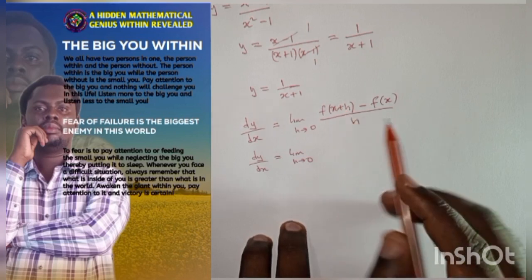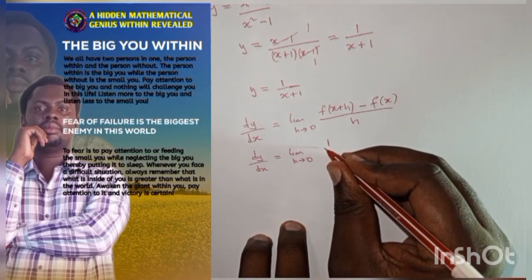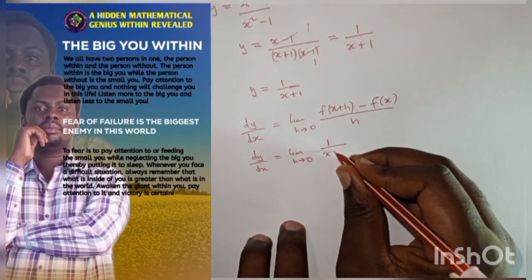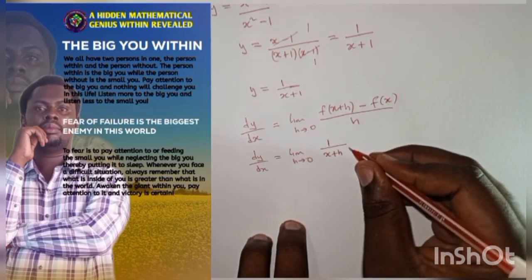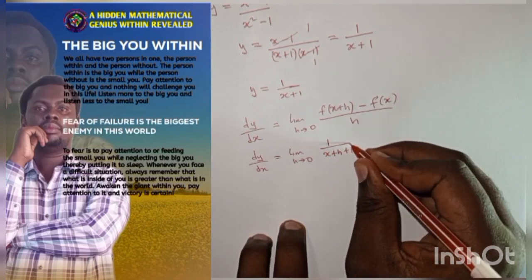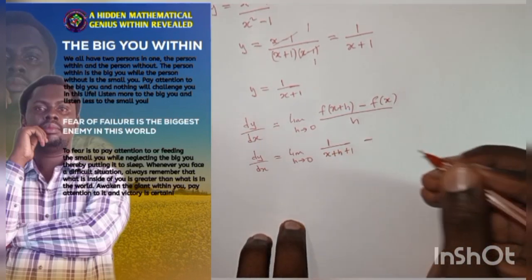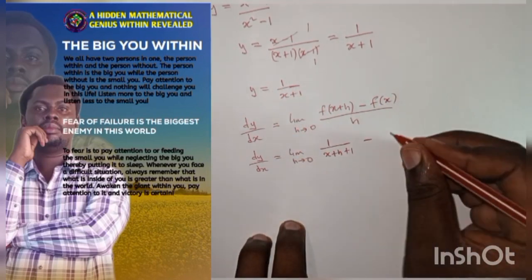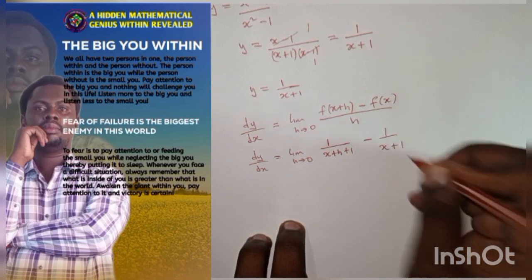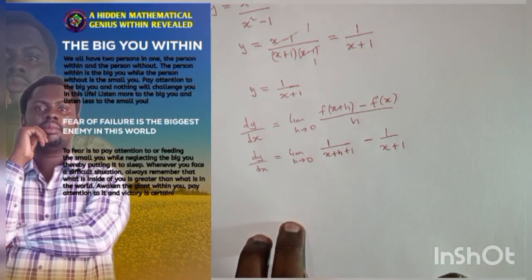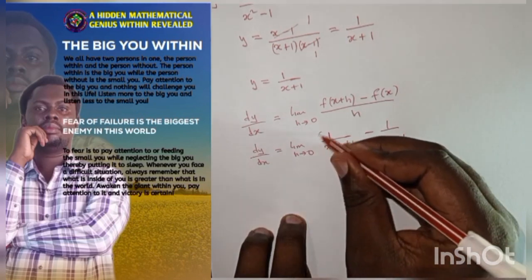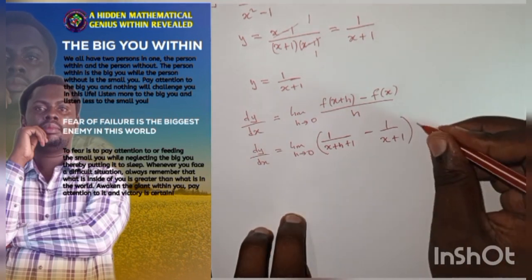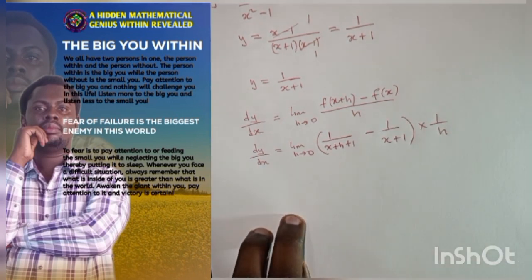So we have 1 over (x plus h plus 1), and this should be minus f of x. f of x is the initial problem, which is 1 over (x plus 1). Then this whole thing is divided by h, or in short is multiplied by 1 over h.